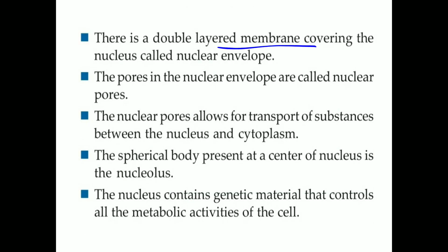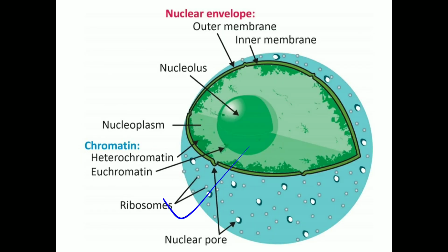There is a double-layered membrane covering the nucleus, and it is called the nuclear envelope. Here a section of it is shown. This nuclear envelope covers the nucleus from outside, and it has an outer membrane and an inner membrane.